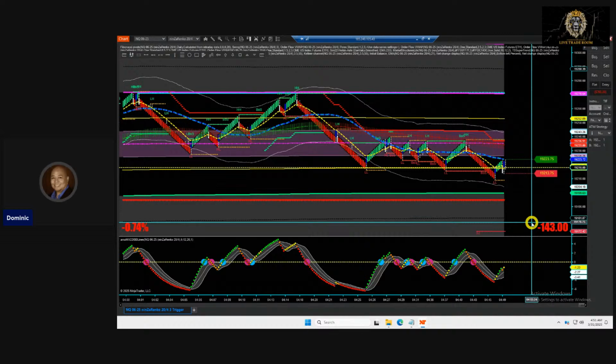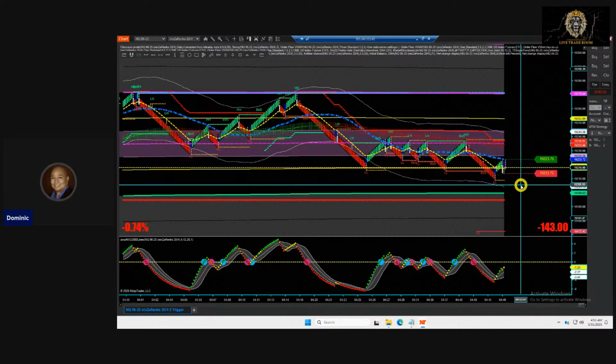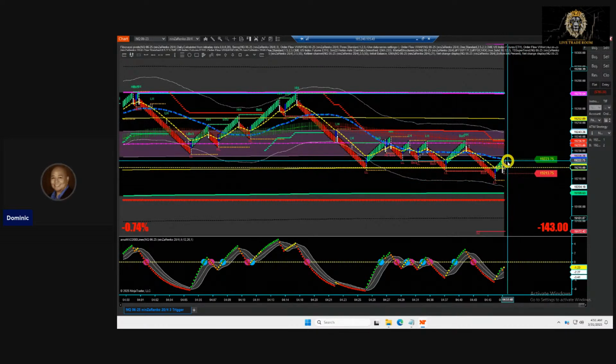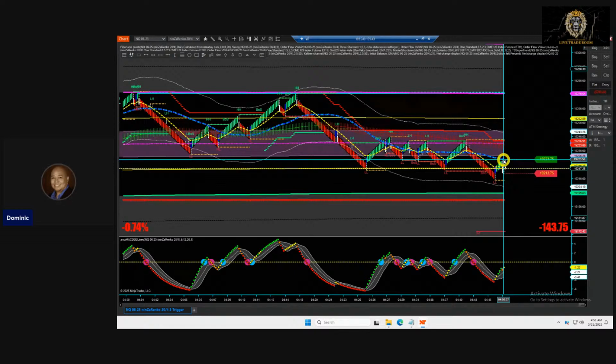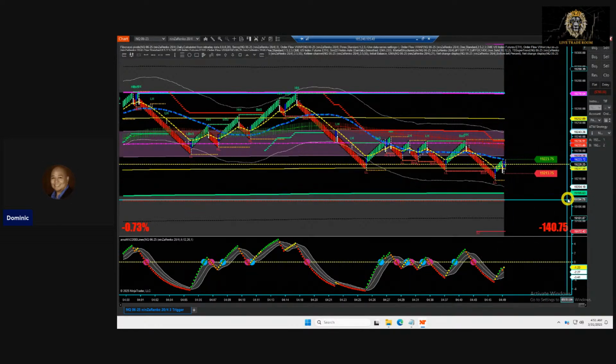So you can see here we have that railroad going to the upside, but the thing is, it's really not a high probability buy signal. Why? Because we're below the mid band. So if I can get a reversal coming down here, I'll probably take this short to get down here.